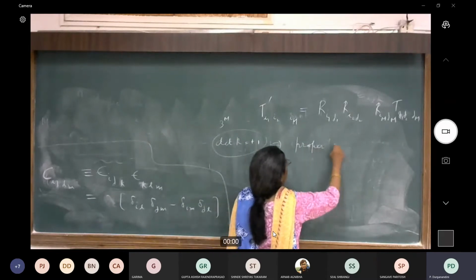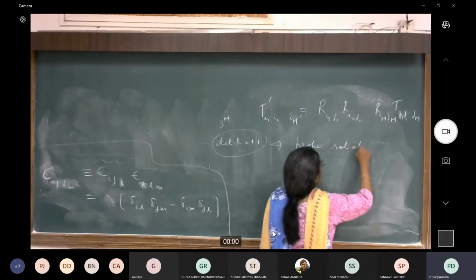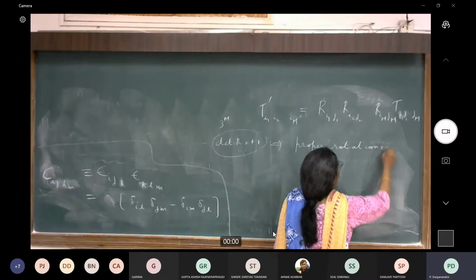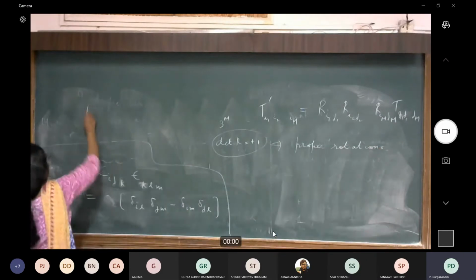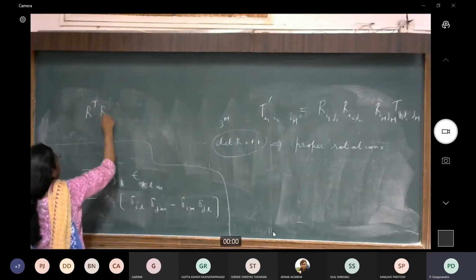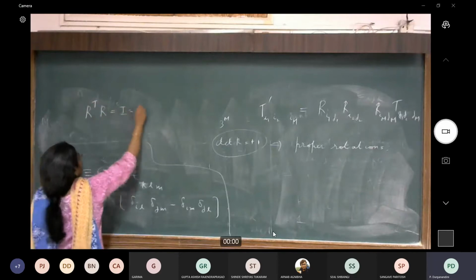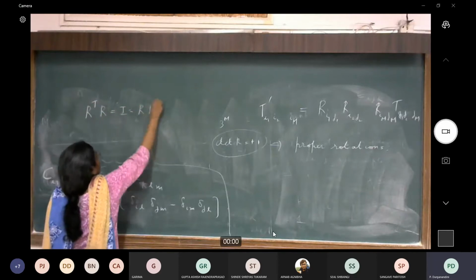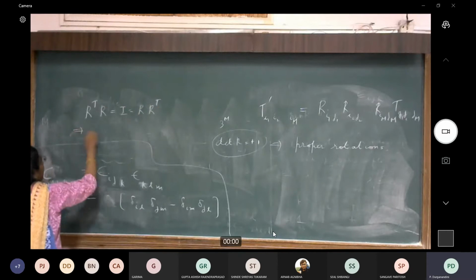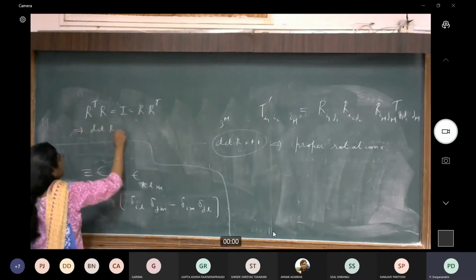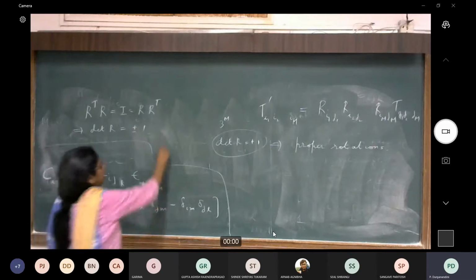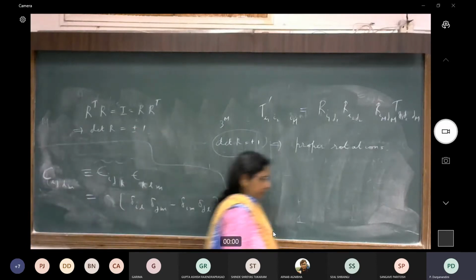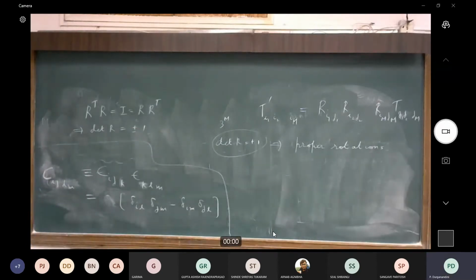So rotation transformations which satisfy this condition, that the determinant of R is equal to plus 1, are called proper rotations. See, what we saw was that the R matrix was an orthogonal matrix which satisfied this condition. And this actually told us the determinant of R can be either plus 1 or minus 1. And I have restricted so far to these proper rotations.